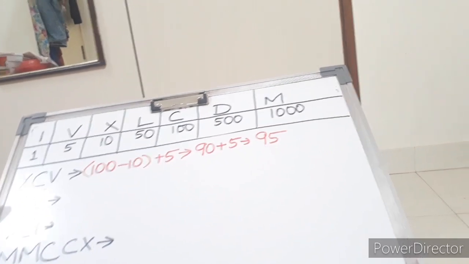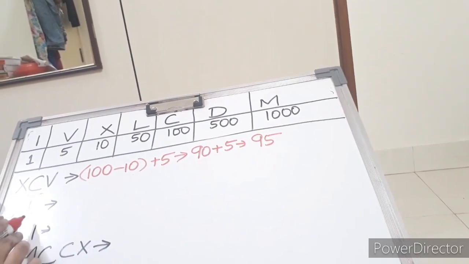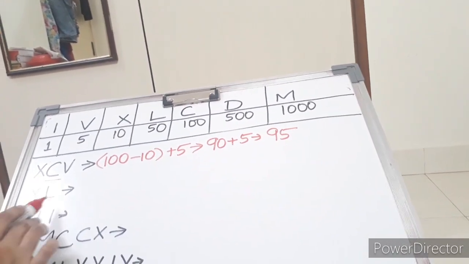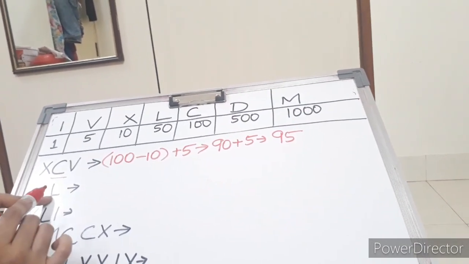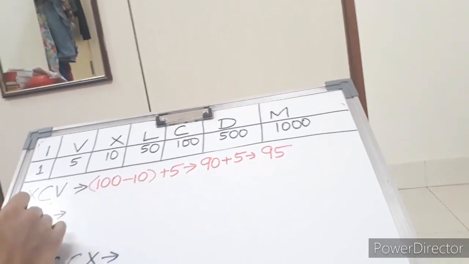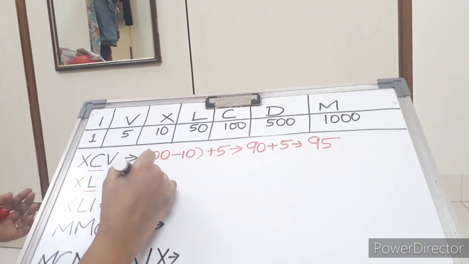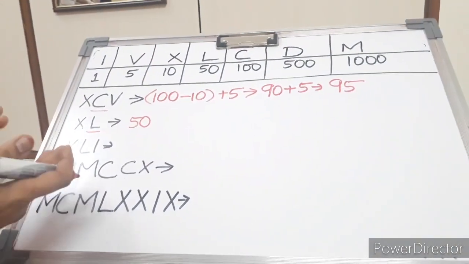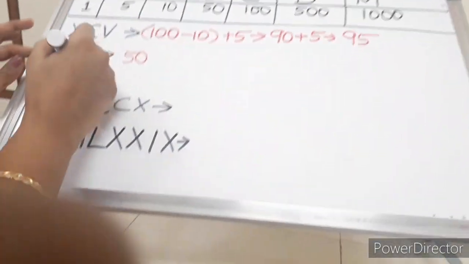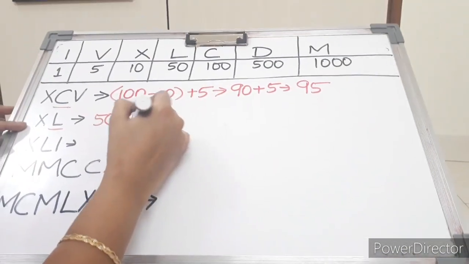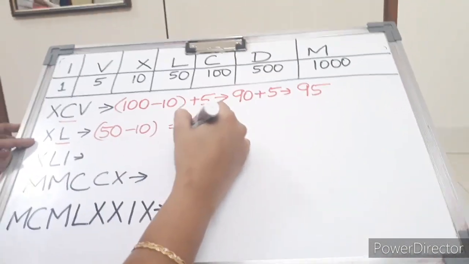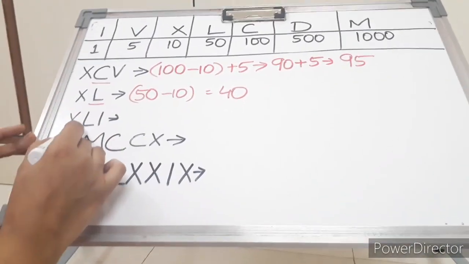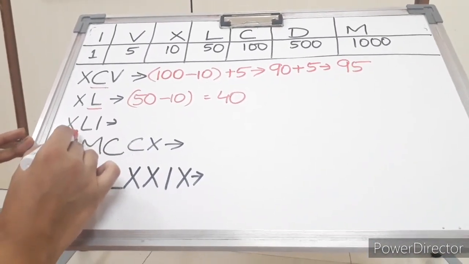Okay. Similarly, again we will check in this question which is greater value comparatively. This is 10, this is 50. So which is greater value? L. So first we start with greater value, then we will check left or right where the smaller value is. So 50 again minus 10 is what? 40. Okay. Now you see here comparison of both the questions so that you will understand better.